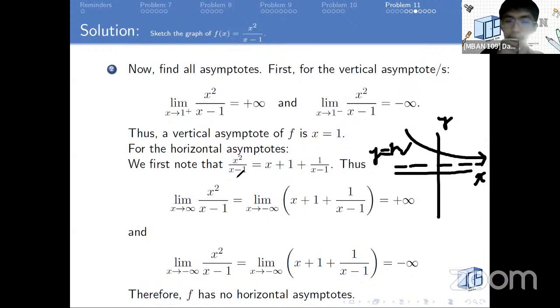So, ayun. Kung ating papansinin, at positive infinity, ang mangyayari dito, infinity plus 1 plus 1 over positive infinity.